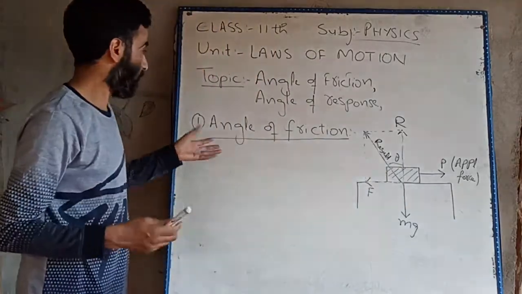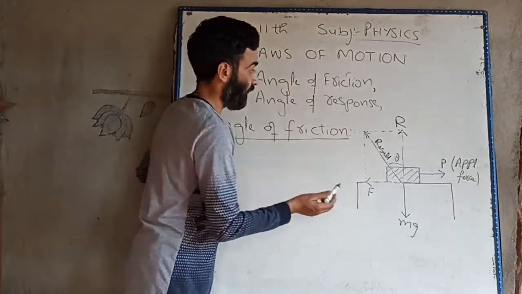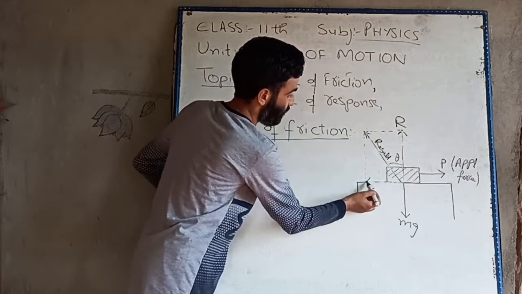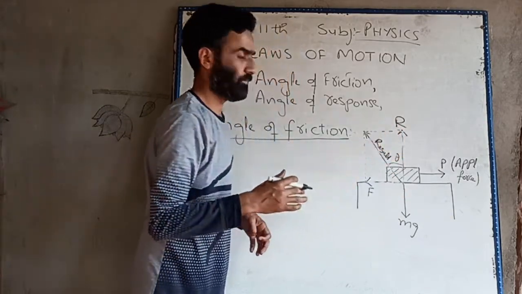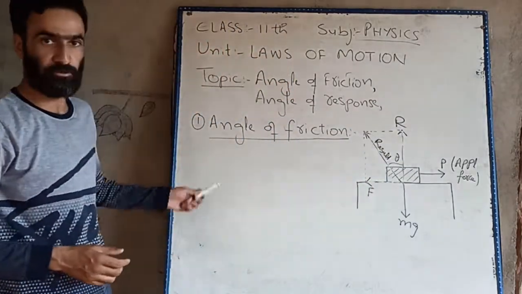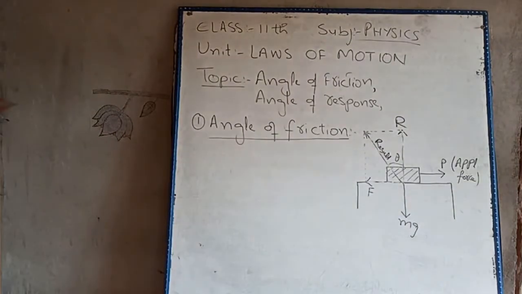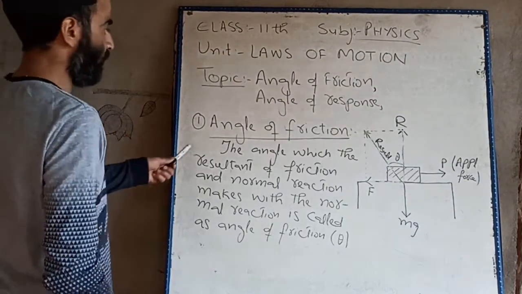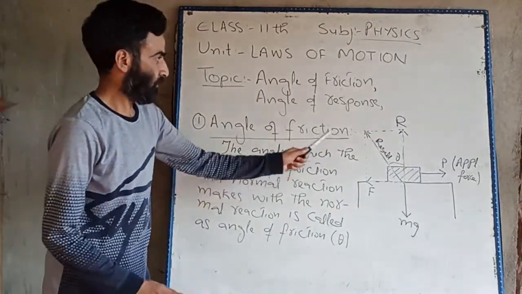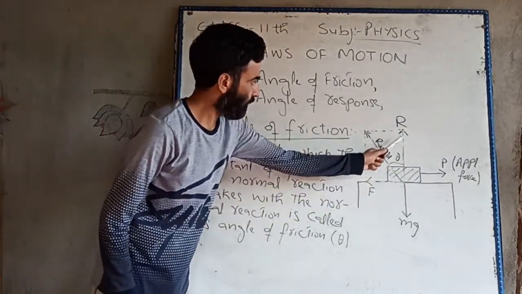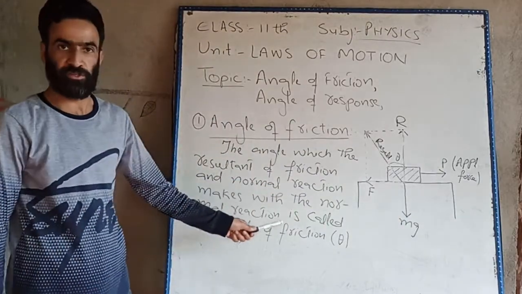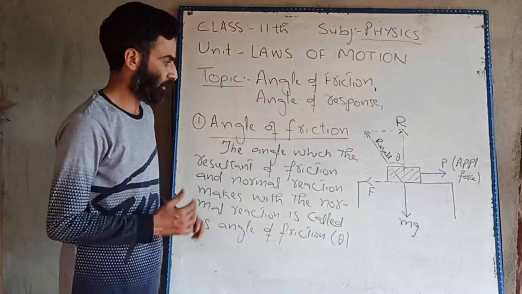Let me write it down: the angle which the resultant of friction and normal reaction makes with the normal reaction is called the angle of friction. So this was regarding the angle of friction.